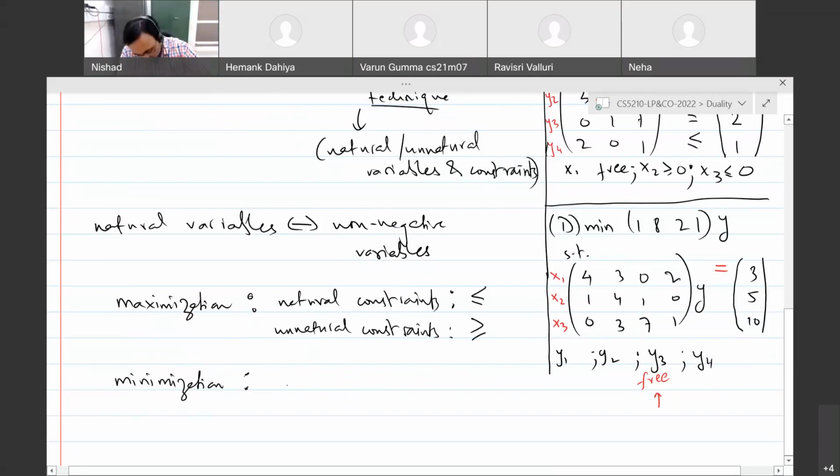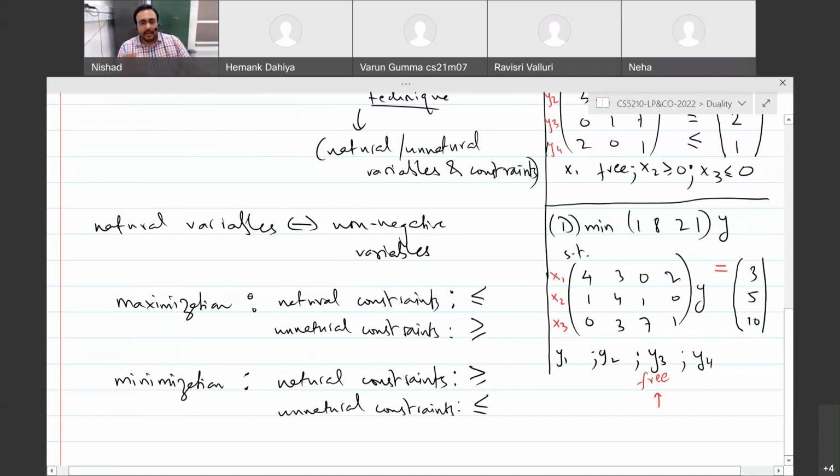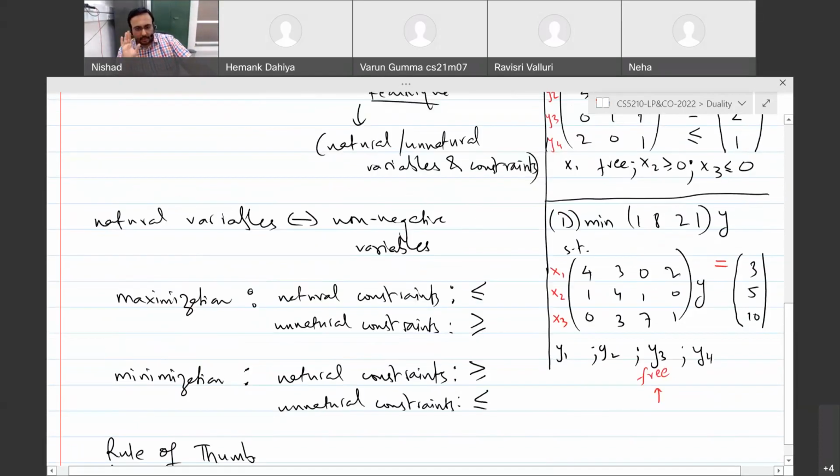The natural constraints are going to be greater than equal to, and unnatural constraints are the less than equal to constraints. Now the rule of thumb that can help you to write the dual of any linear program is that natural constraints should correspond to natural variables, and similarly natural variables should become natural constraints.